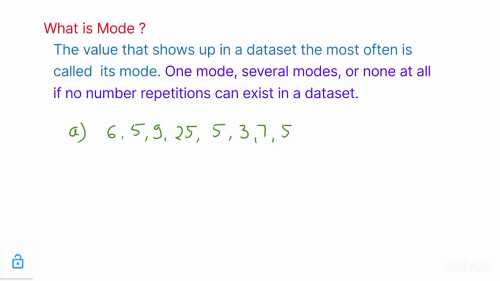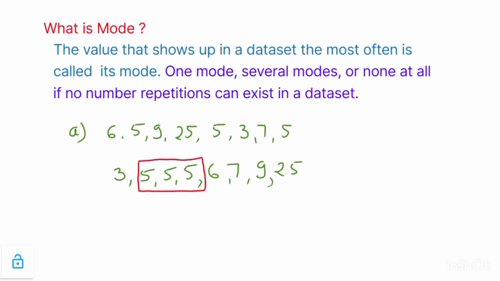So we have 3, 5, 5, 5, 6, 7, 9 and 25. This is the data set, and here we see that number 5 appears more than once in this set. So the mode of this will be 5. So this is the mode of the given data set.